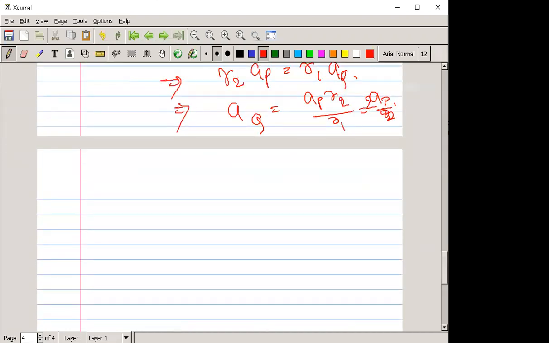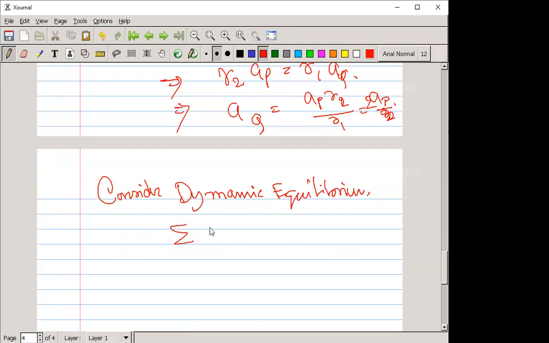So now, this is the relation between AQ and AP. Now what we have to do is consider dynamic equilibrium. We can write the moment with respect to the center point as 0.